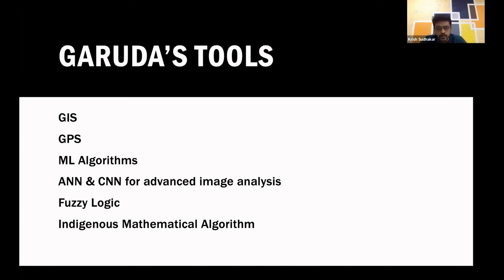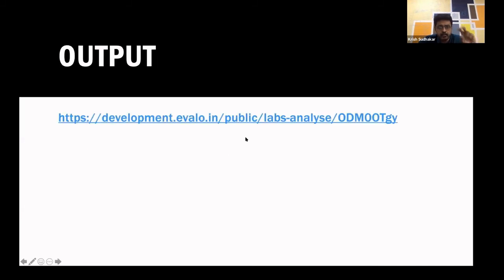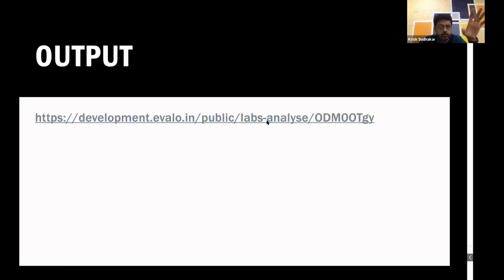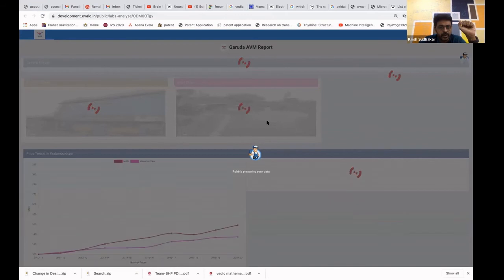And then we use fuzzy logic to arrive at many questions, which I'll show you eventually. And of course, a mathematical algorithm which we have built internally. And with those two images, in the back end, these GIS tools are run, and this is how the output eventually looks.